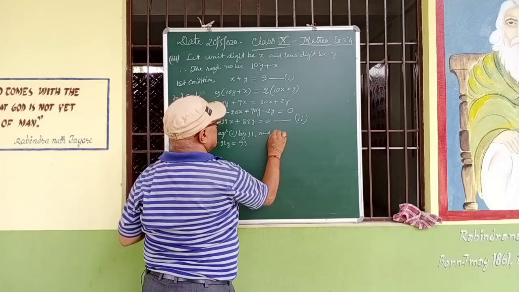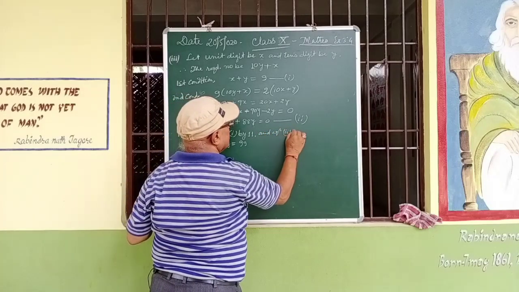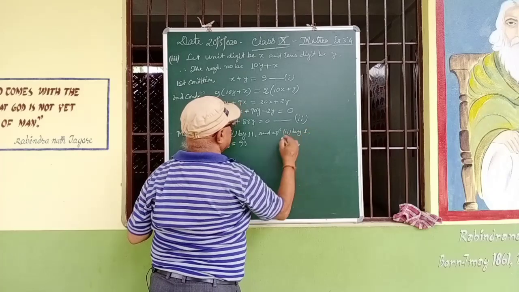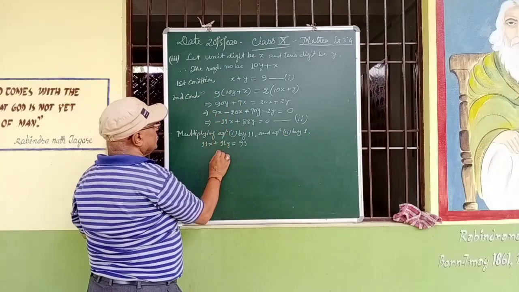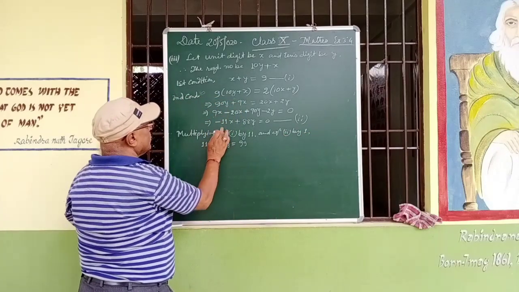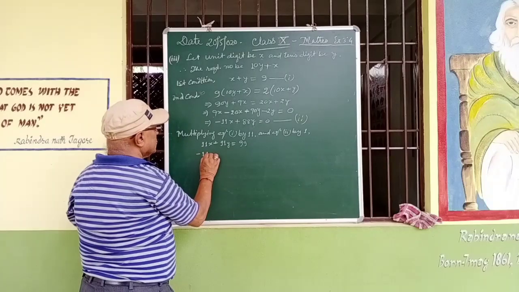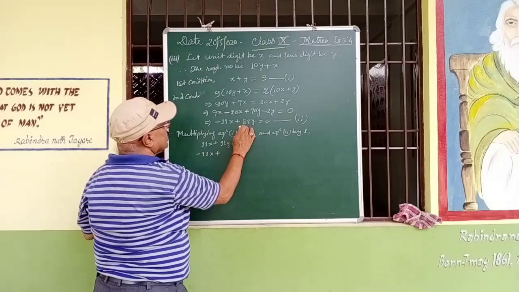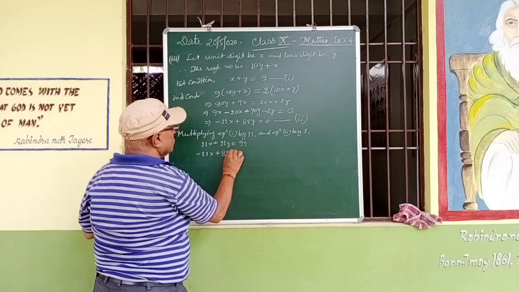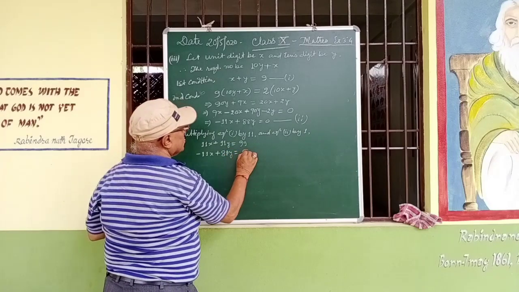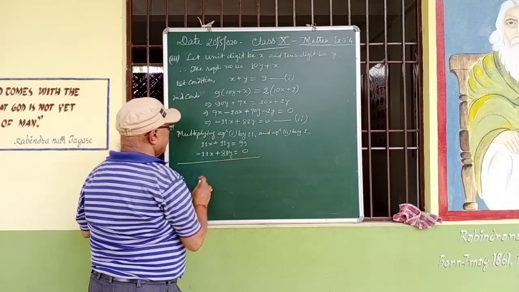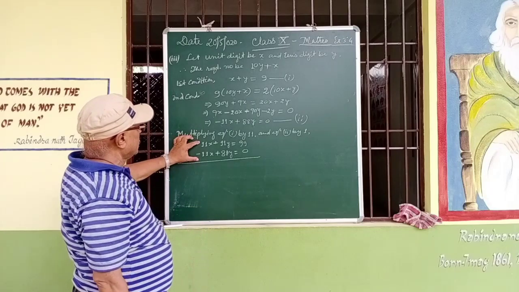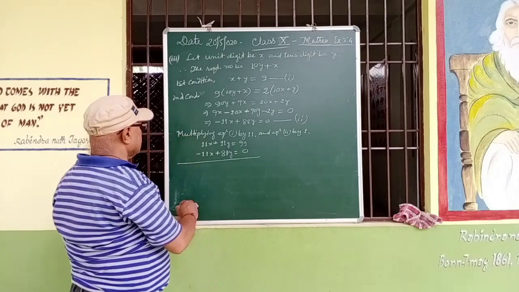Equation 2: minus 11x plus 88y is equal to 0. Here the equal numbers have different signs, so we add.